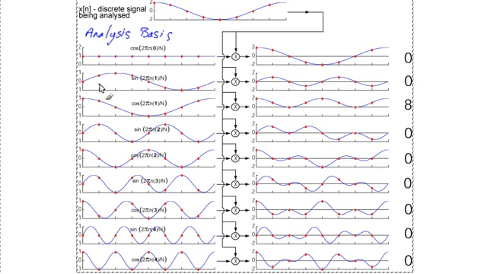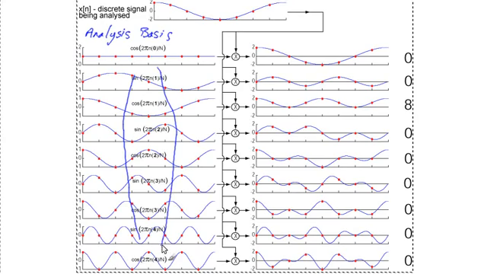I have a sine waveform with 1 cycle over the duration of the signal that I'm analysing, which in this case is 8 samples, and a cosine waveform with 1 cycle over 8 samples. So all down this side I have my set of basis functions, and they're all cosine and sine waveforms with integer cycles over the 8 samples.